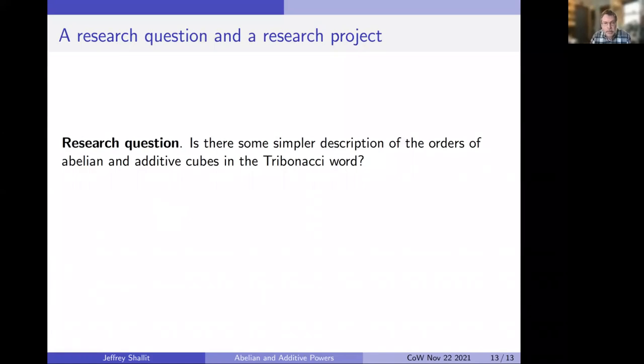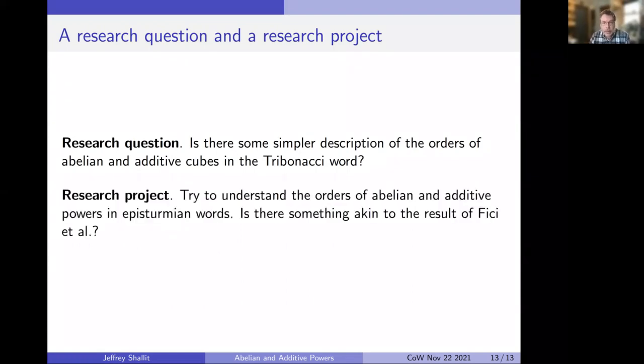Is there something similar for abelian and additive cubes in Tribonacci? And more generally, it would be nice to understand the orders of abelian and additive powers in episturmian words. And is there something similar to this result of Fici et al. that I talked about for Sturmian words? Okay, so that's it. Brief talk, and I'm happy to take any questions. Thank you.